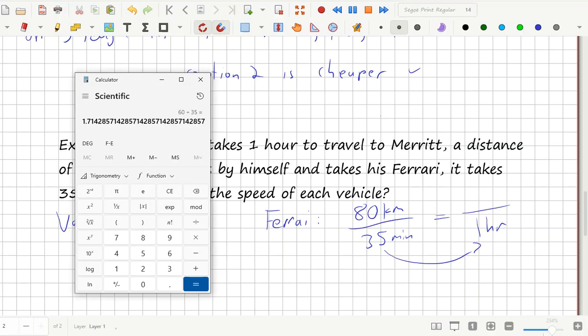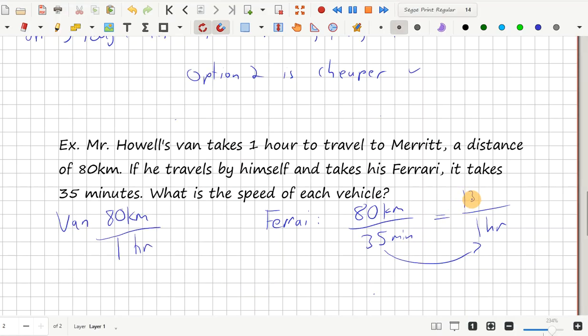It's about 1.71. So if I take that same amount, 1.71, and multiply it by 80, the top, I get 137.1. So 137 kilometers per hour.